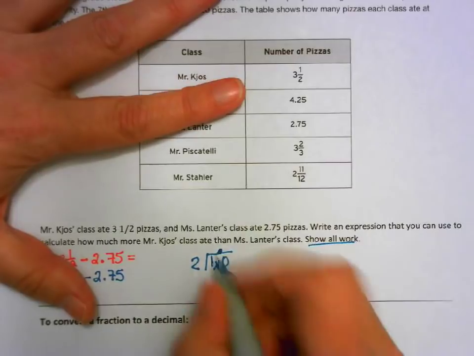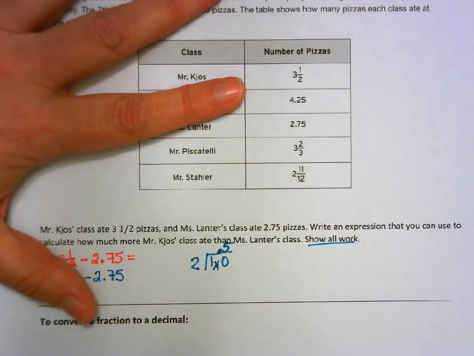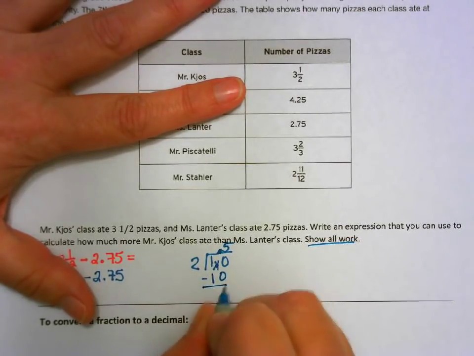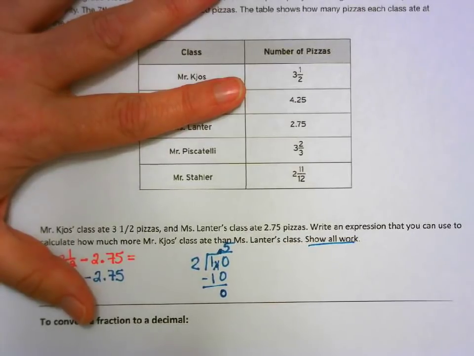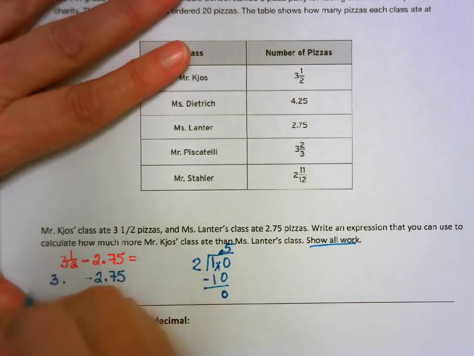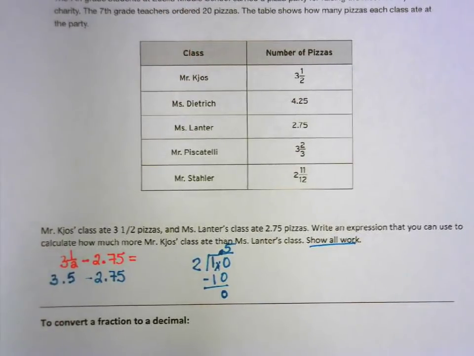Well, I know that 2 can go into 10 5 times. 5 times 2 is 10. I subtract, I get 0. I am finished. So exactly as you knew, 3.5 is the same thing as 3 5/10.